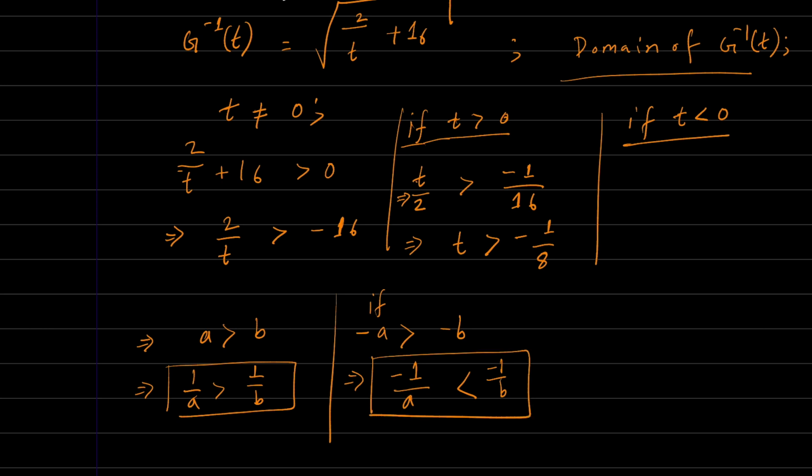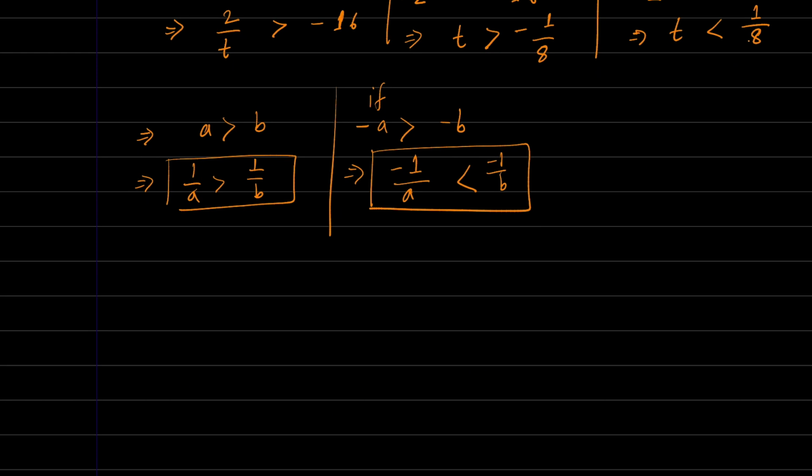So if we take the reciprocal here, t over 2, this should flip the inequality. So t over 2 is less than minus 1 over 16, or t is less than minus 1 over 8. So the domain of g inverse of t would be minus infinity to minus 1 over 8. Can we take minus 1 over 8?